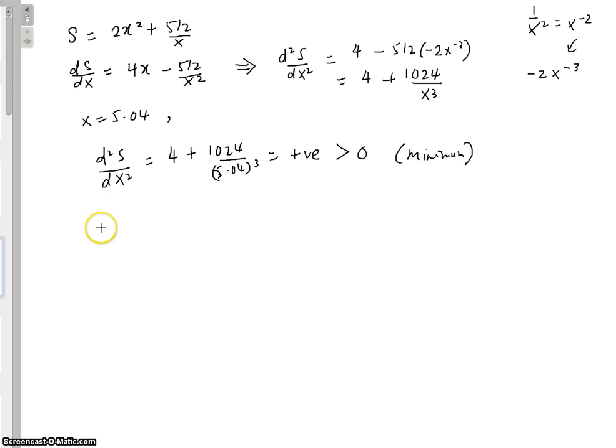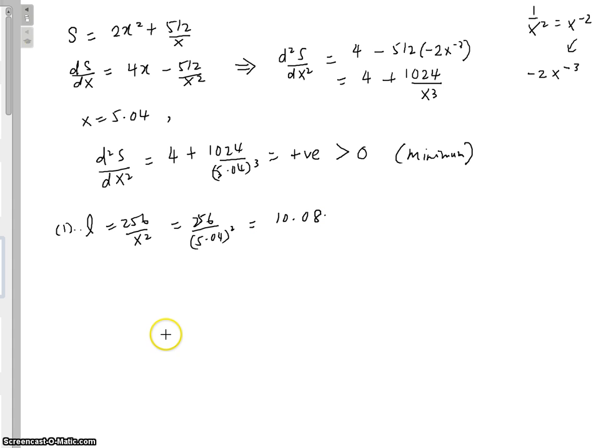So we need to find L as well. From the first equation, we have L equals 256 divided by x squared. Now we know that x equals 5.04, so we substitute 5.04 into the L function, and we get approximately 10.08.